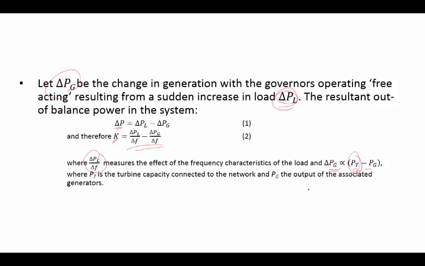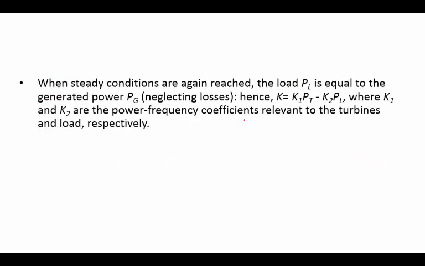PT is the turbine capacity connected to the network. When the steady state condition is reached again, the load PL is equal to the generated power. Here we ignore the loss. So we get K equals K1 PT minus K2 PL, where K1 and K2 are the power frequency coefficients relevant to the turbines and load respectively.